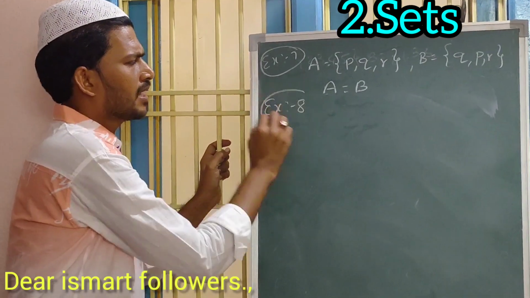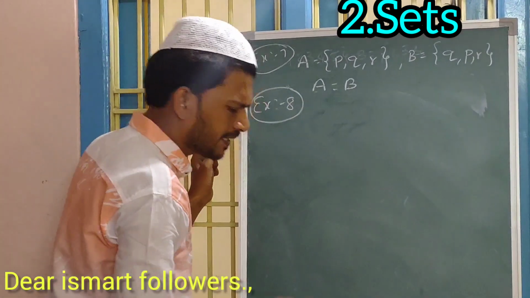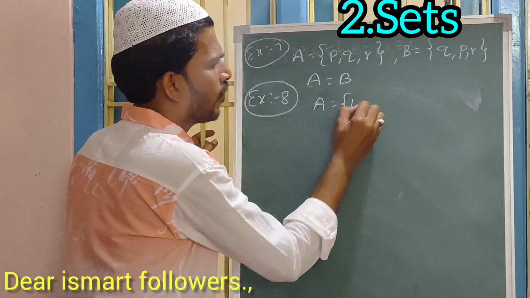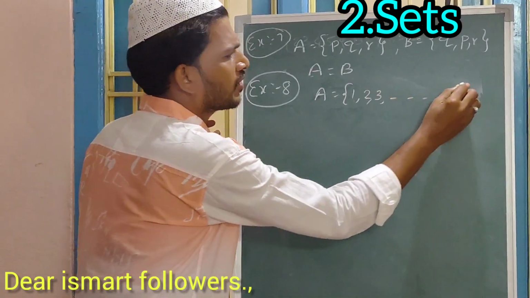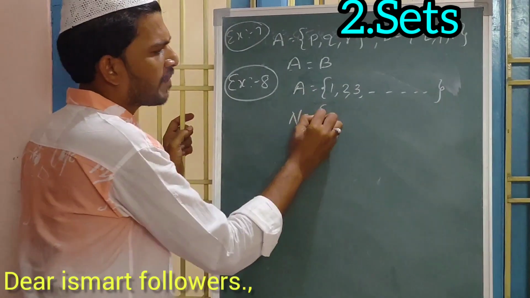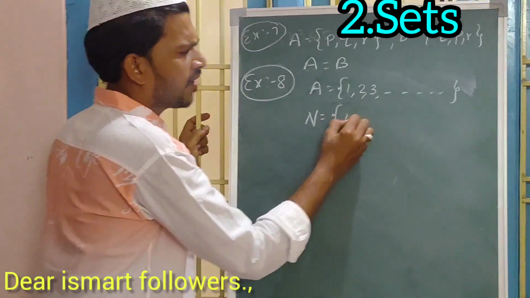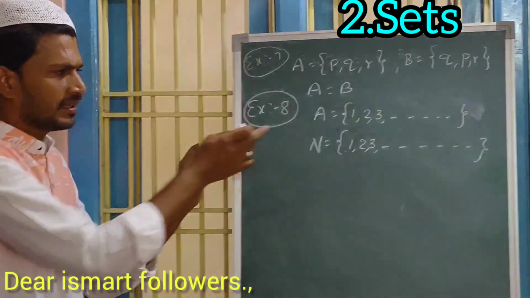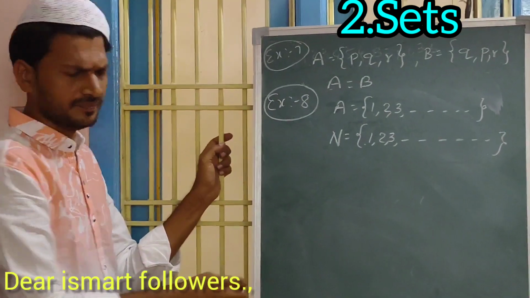Next, example 8. What is example 8? What is the A set? 1, 2, 3. Next, N is the set of natural numbers. Natural numbers start from 1, 2, 3, and so on. So are the two sets equal or not? Yes, sir.